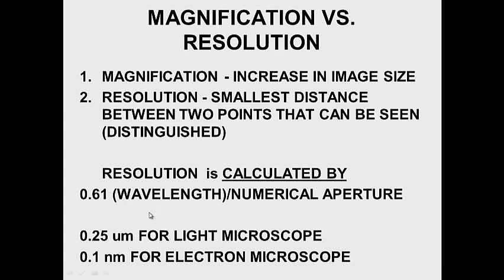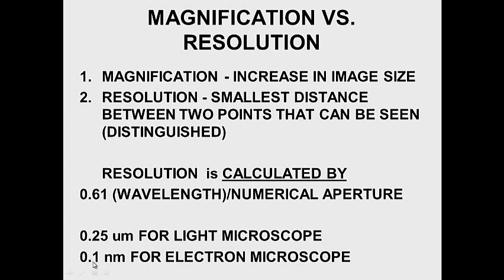For your naked eye, you usually see things in millimeters, but for a light microscope, it's micrometers that we see. 0.25 micrometers is your resolution. The resolution for the electron microscope is nanometers. So we go from millimeters and micrometers to nanometers, in terms of much finer detail that can be seen with the electron microscope.